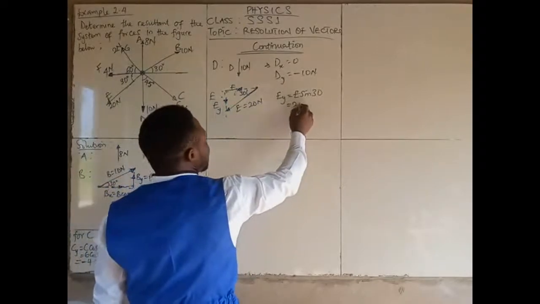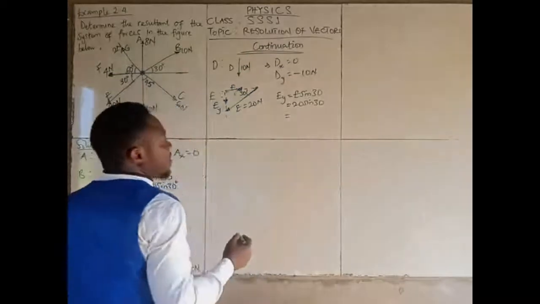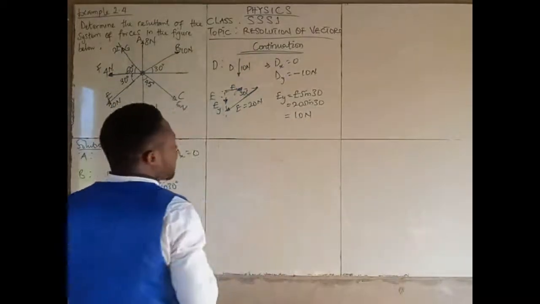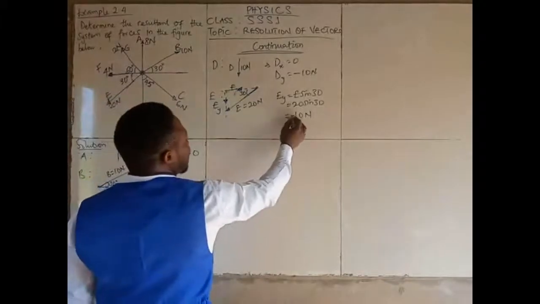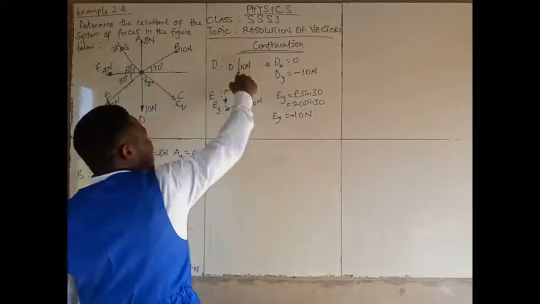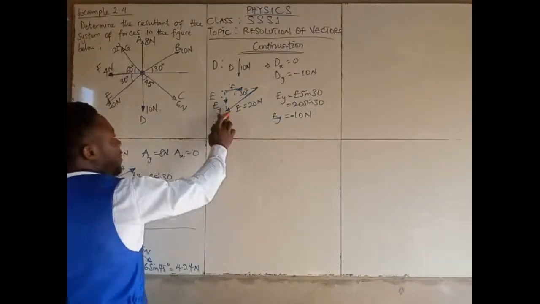Our E is 20 sine 30. Sine 30 is 0.5 times 20 will give us 10 Newton. But we are going to make it negative, negative 10. Why is it negative? EY is negative because it's tending downward, to the negative y-axis.